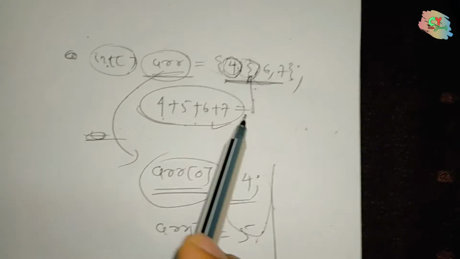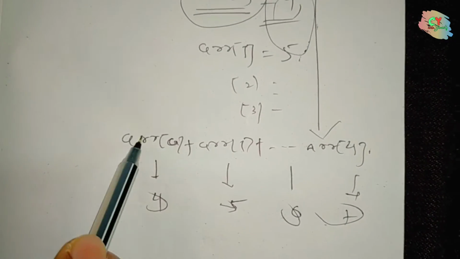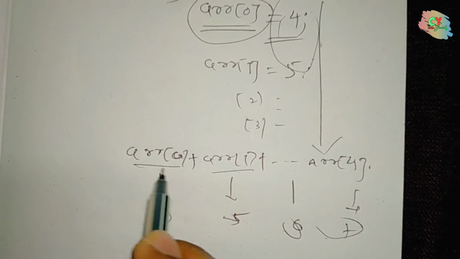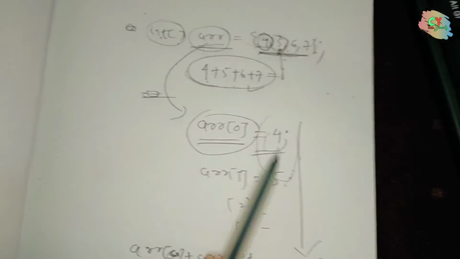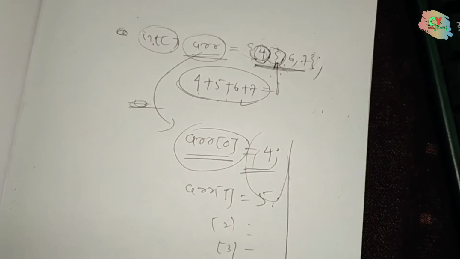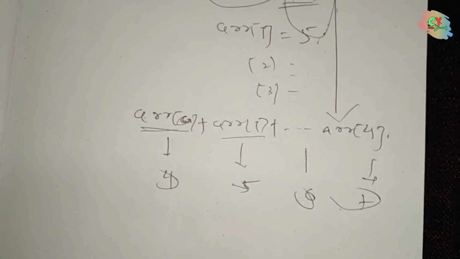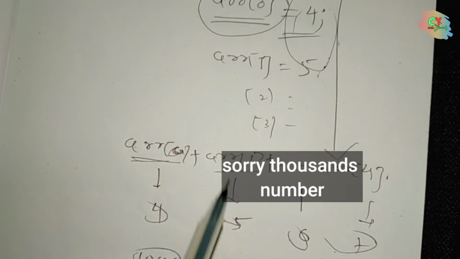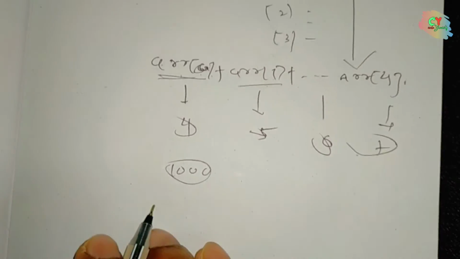Now see here only 4 elements are there, so we can write that manually. But let us consider there is lots of numbers. If we found an array containing hundreds of numbers, then we can write arr of 0, arr of 1 up to 100, which is not possible.